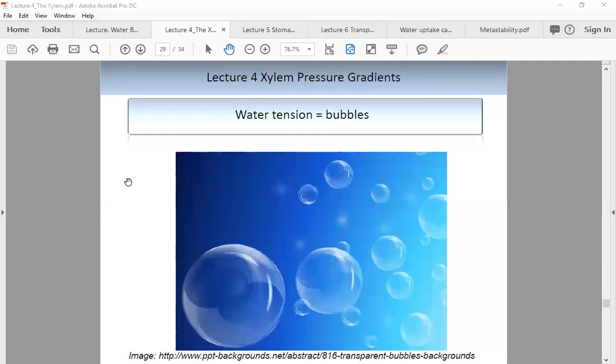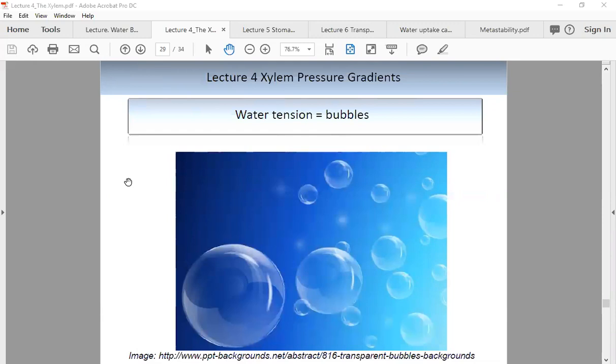Why does cavitation occur? In your reading, did you see any information about why air bubbles can form in the xylem? We know that the formation of air bubbles disrupts the flow of water, the movement of water through the xylem.